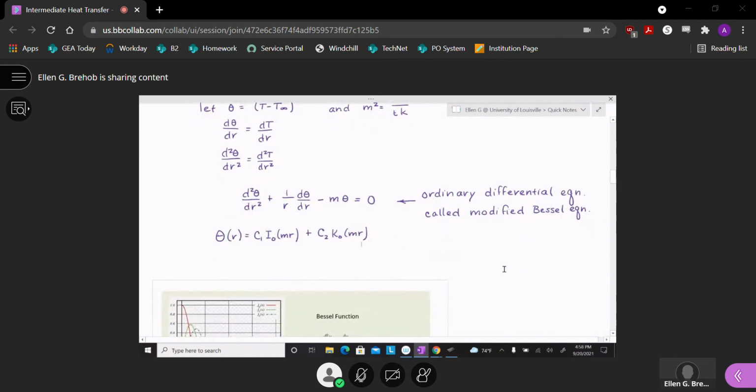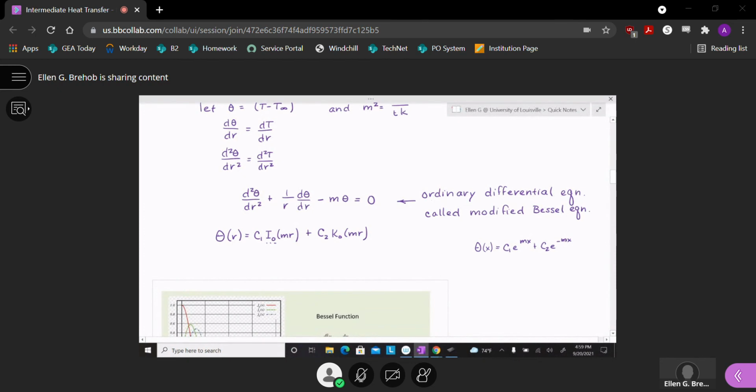Okay, so I think this notation likely looks new to you, but just so you're thinking through, we did a solution last class, and I think this one you would have seen before. Theta of x was like C1 e to the mx plus C2 e to the minus mx.